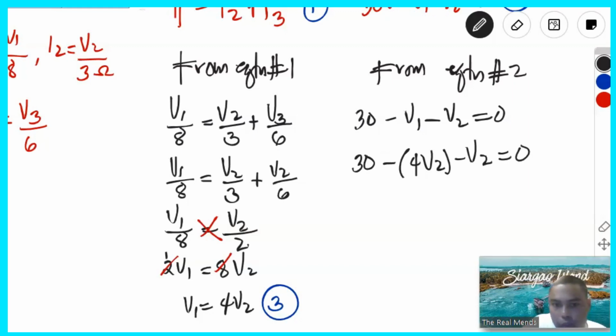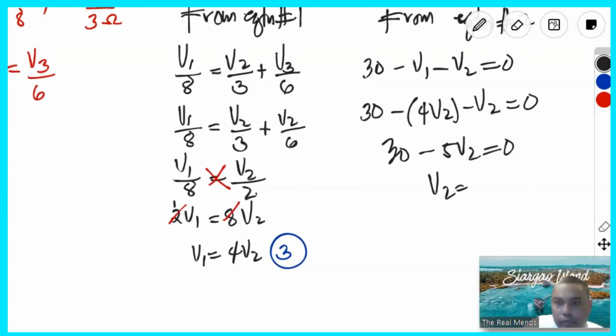So to continue, we have 30 minus, so that is negative 5V2 is equals to 0, or our V2 is just the same as 30 over 5, or 30 divided by 5, that is 6 volts.